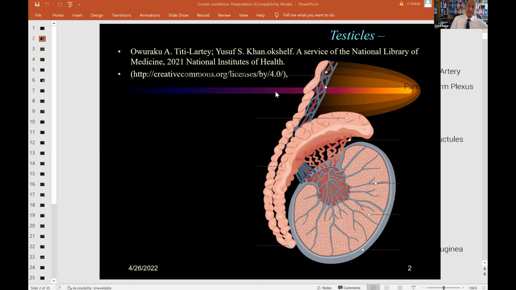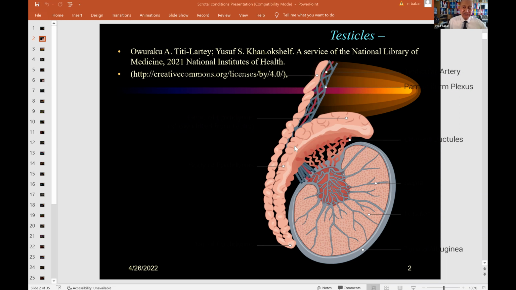The vas deferens travels upwards along with the other components of the spermatic cord via the groin, and the continuation of the vas deferens then goes up to its side of the ureter, loops around the ureter, and comes down again.